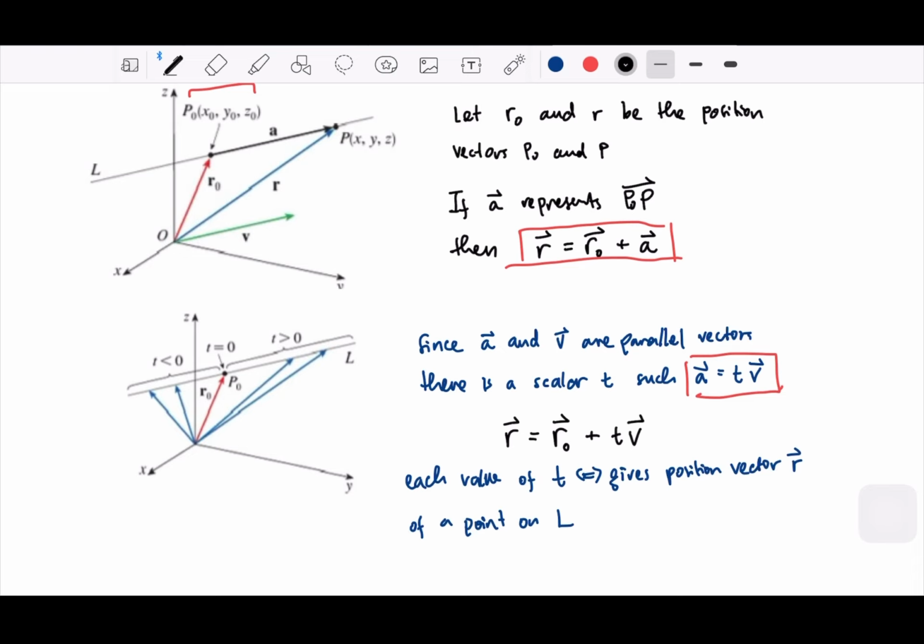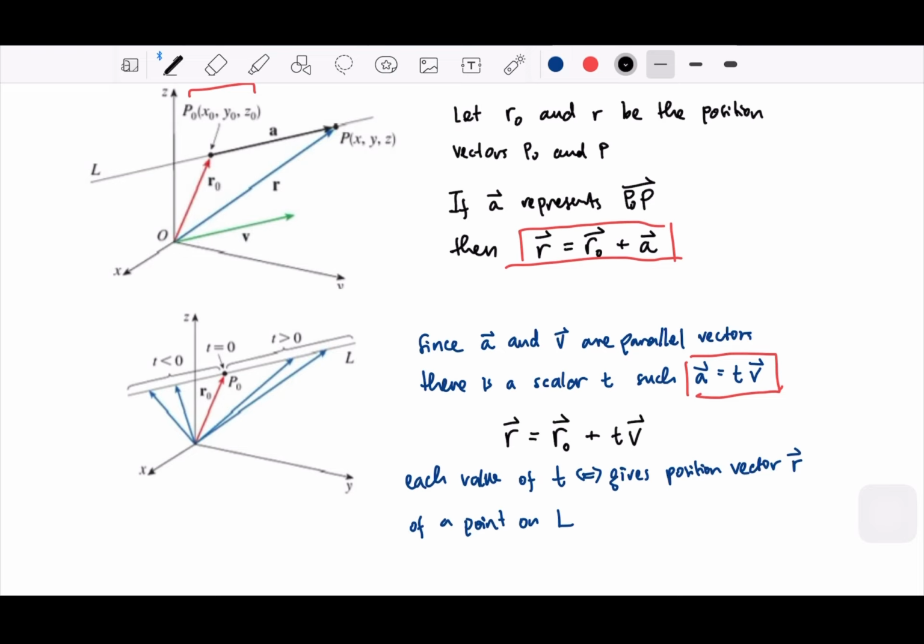And you will see that when t is negative, it will be going to the left side here. And when t is positive, it will be going to the right side of this line. And when t equals 0, it will be exactly at that point. So we can imagine these equations when we are changing t.